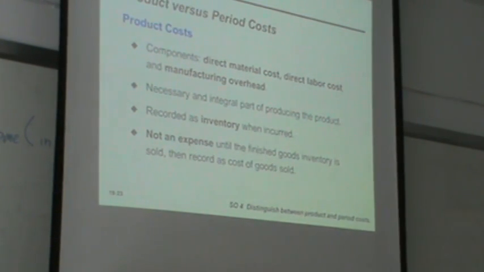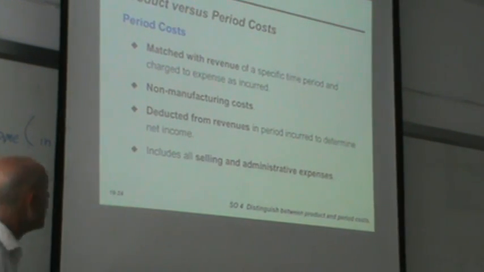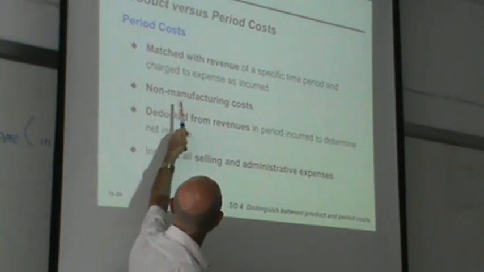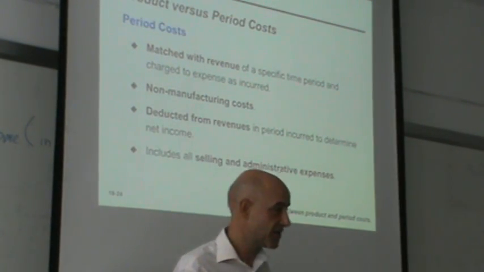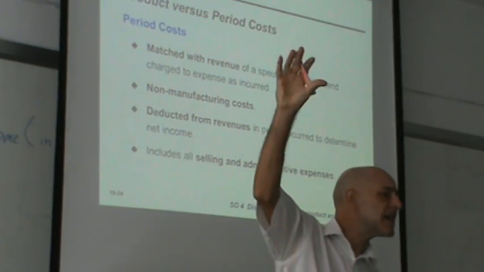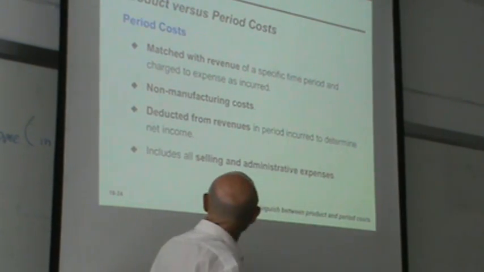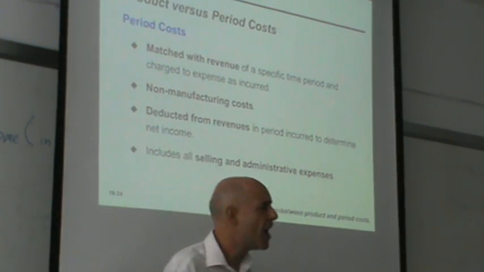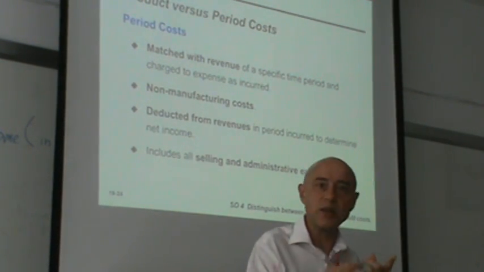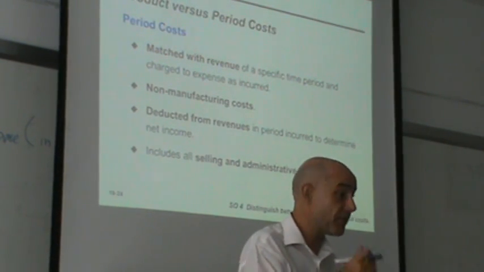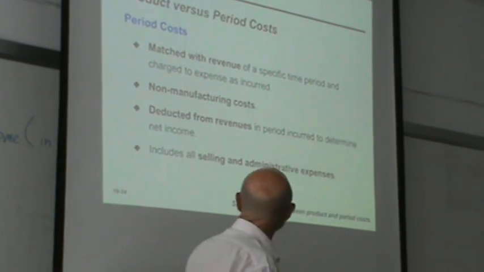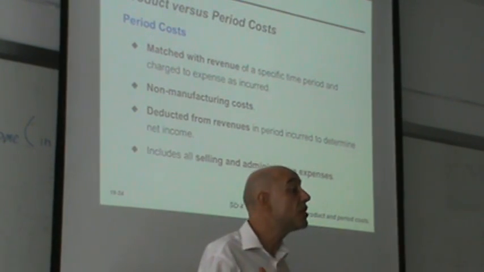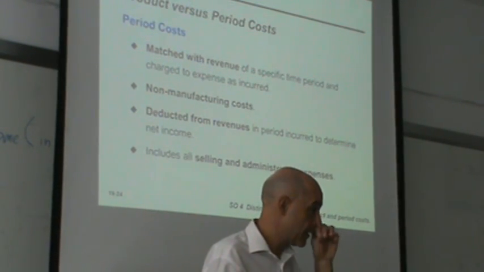Let's see what the period costs are. Period costs are non-manufacturing costs. So, the salary of the executive is not a manufacturing cost, it's a period cost. The lawyer, the university has a lawyer, every business will have a lawyer. The lawyer is a non-manufacturing cost, so the lawyer will be a period cost. What else?